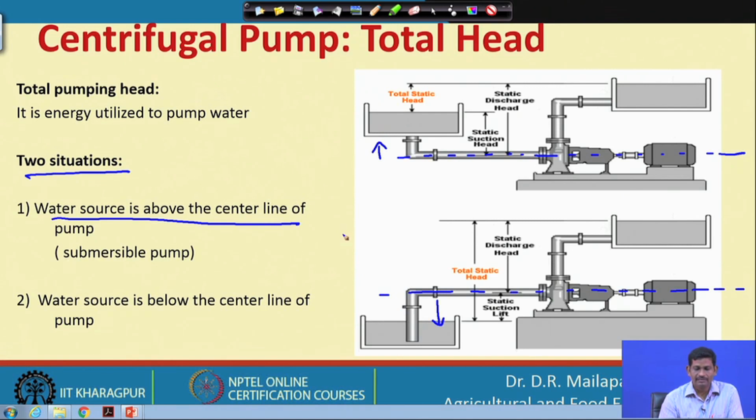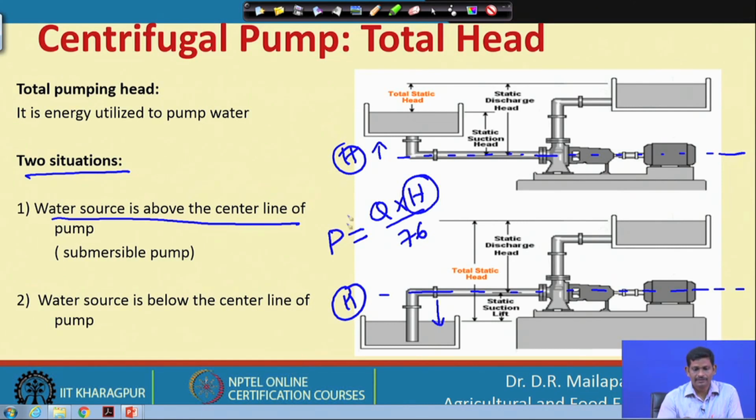So, our idea is, if you remember the equation, the power is equal to Q into H divided by 76, where H is the head. In both cases we are going to see what the head is.